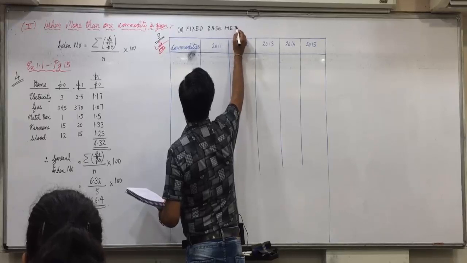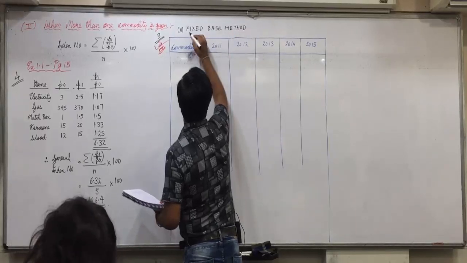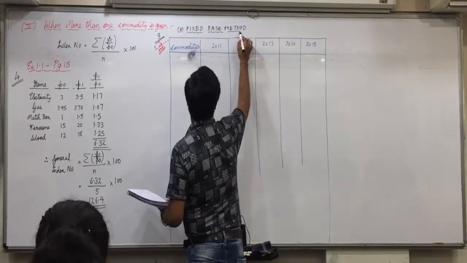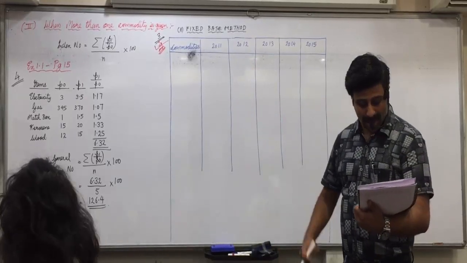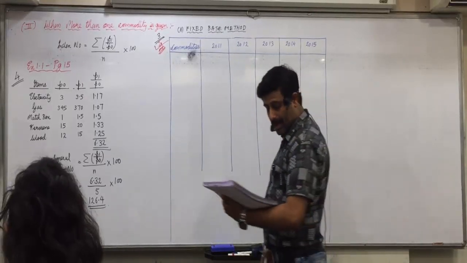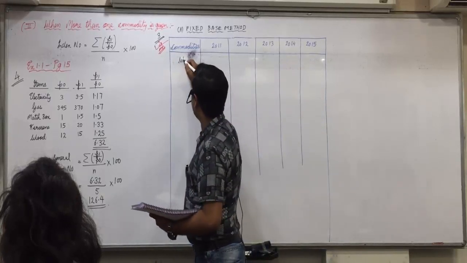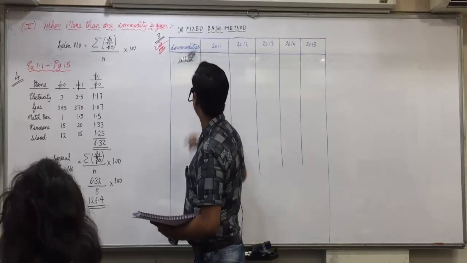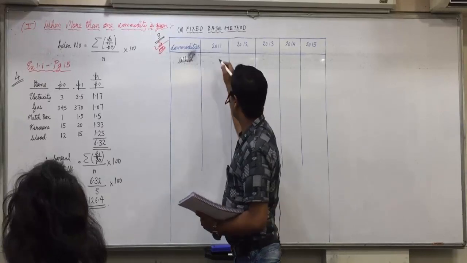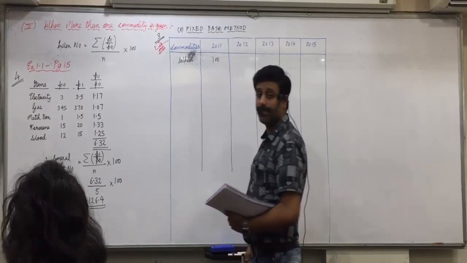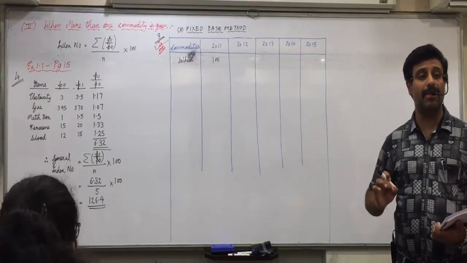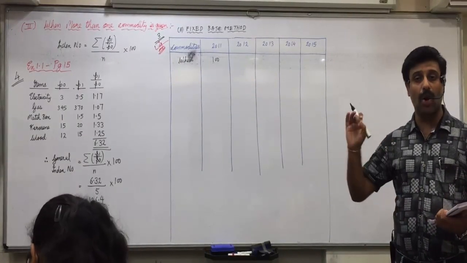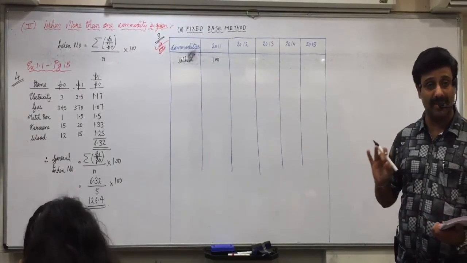After that, the chain base method you will be trying on your own, with the same columns. You have to remake the columns again. Now the commodity is wheat. As I said, for 2011 we can directly take it as 100. Fixed base method means base year 2011, all the values are to be divided by 2011's value.